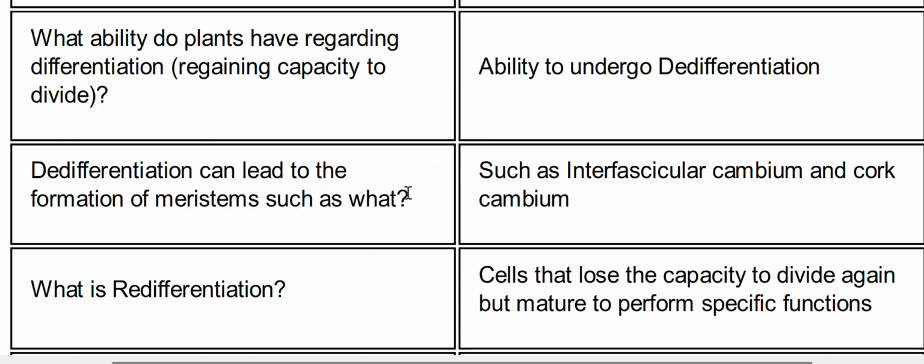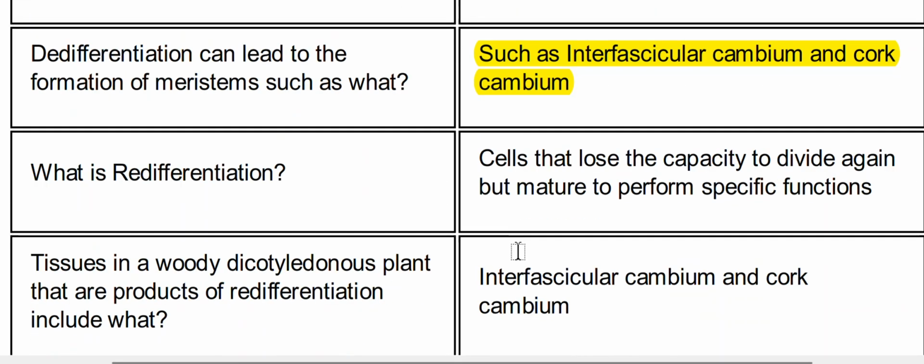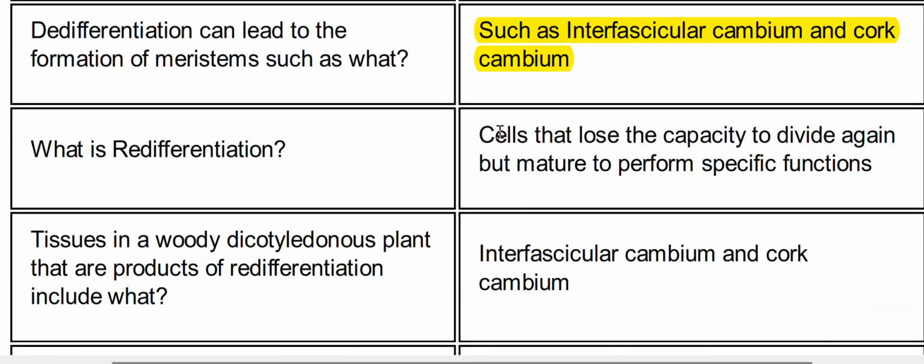Differentiation can lead to the formation of new meristems like interfascicular cambium and cork cambium. Redifferentiation means cells that lost the capacity to divide regain it and form secondary tissues, specifically in dicots, when they convert into a woody region.